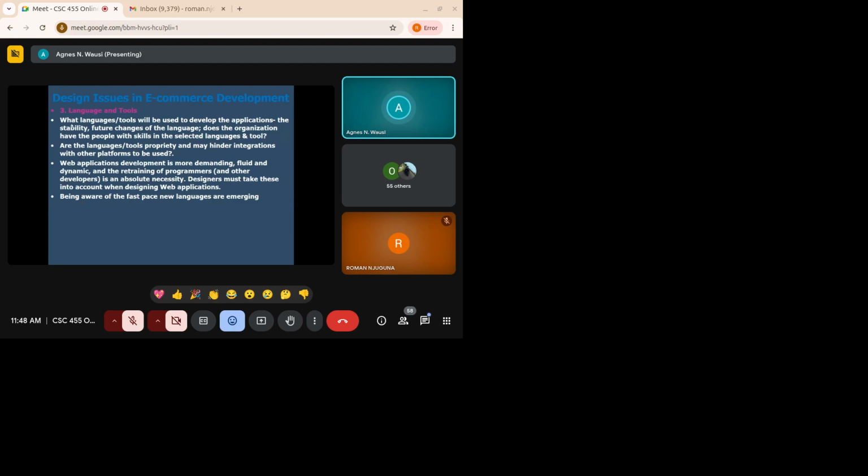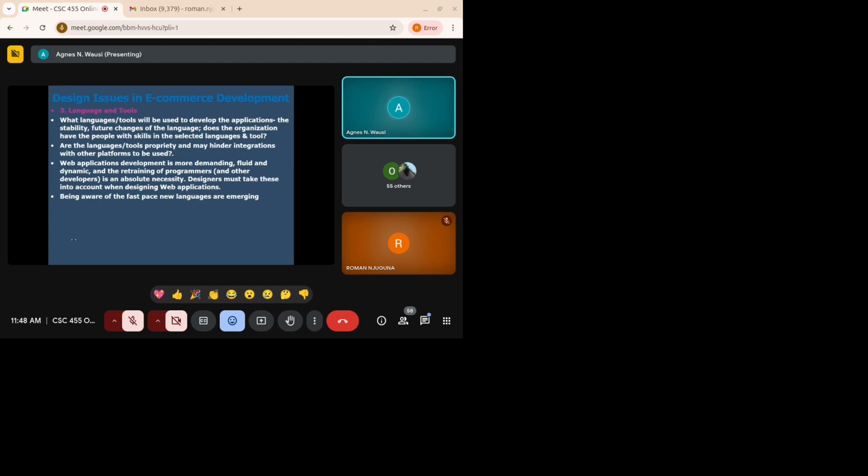So under the high-level design, the other issue that is also quite important for us to understand is the language and tools that we use. So what languages, what tools will we use to develop?